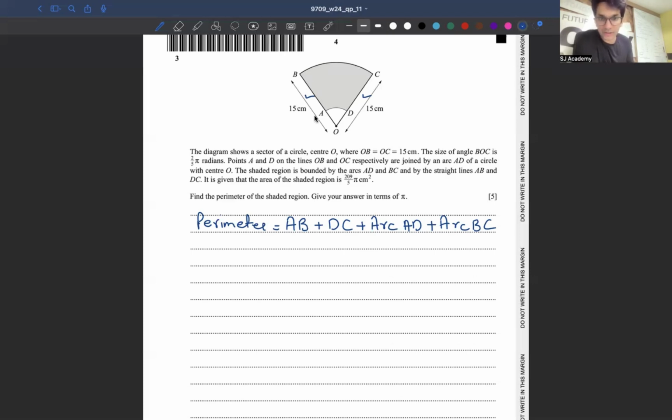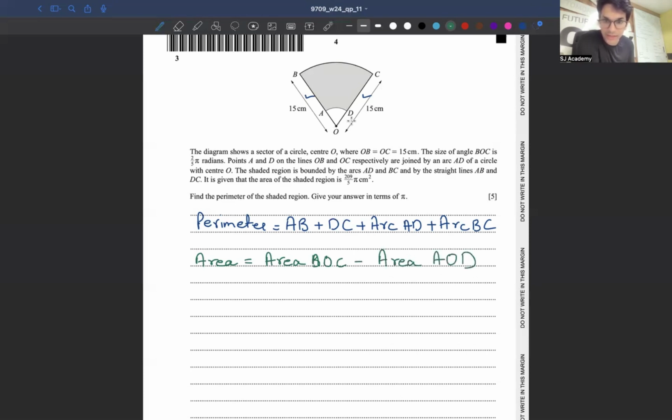Now, how to find the length OA? We know that the area of the shaded region is 209 upon 5 pi. So we know that the area of the shaded region is equal to the area of the sector BOC minus the area of the sector AOD.